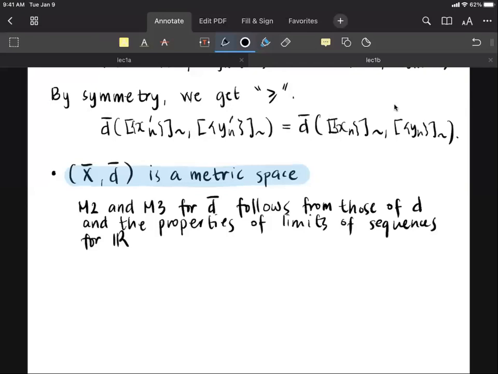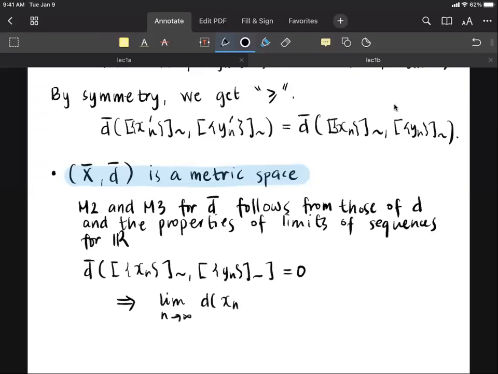Well, for definiteness, we only need to prove that if the distance between two equivalence classes of Cauchy sequences is 0, then these two equivalence classes should be the same. By definition, this means that the limit as n goes to infinity of the distance of the terms of the sequences is 0.